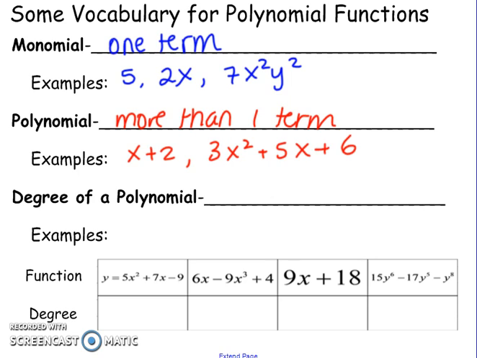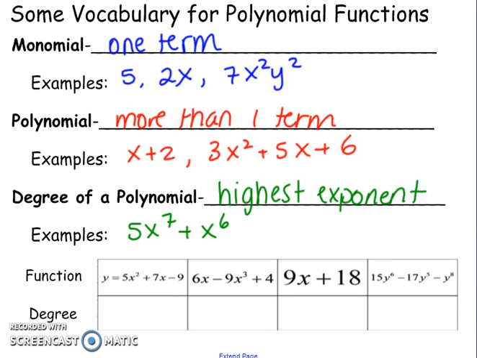The degree of a polynomial refers to the highest exponent. And so an example would be if I have 5x to the 7th plus x to the 6th. My highest exponent is a 7.